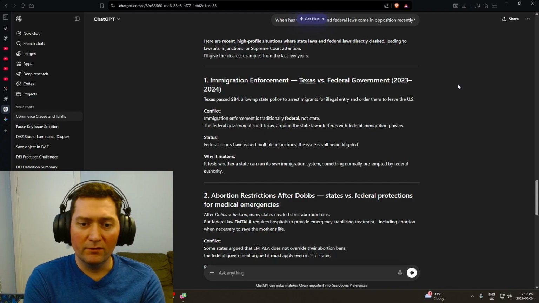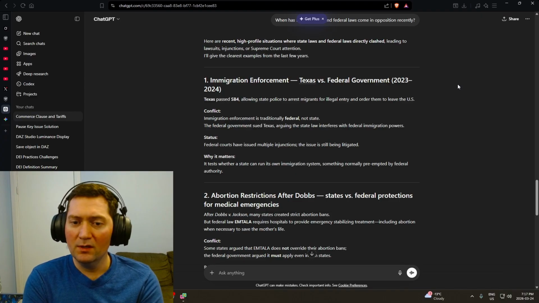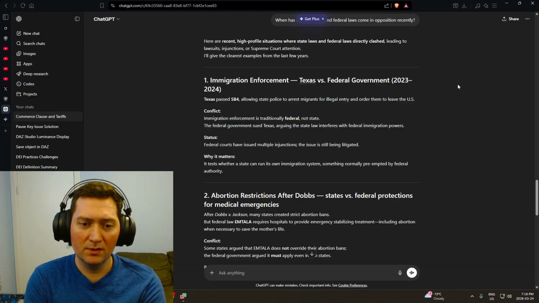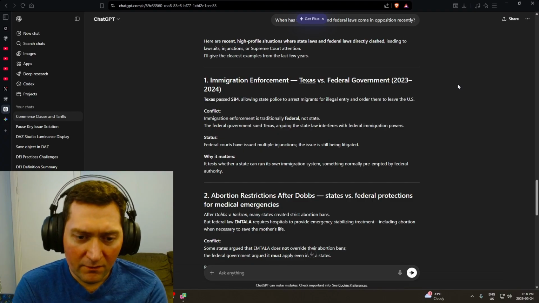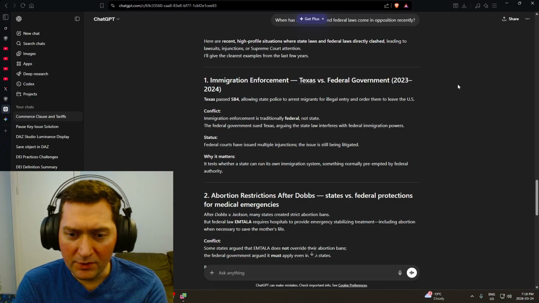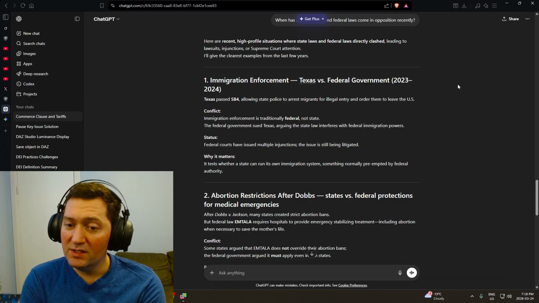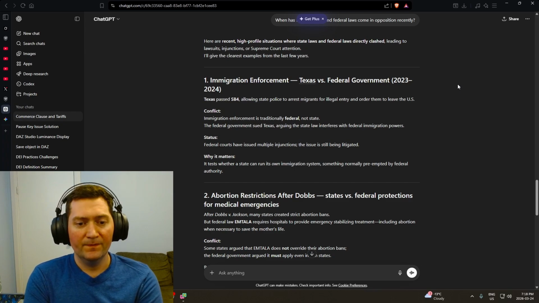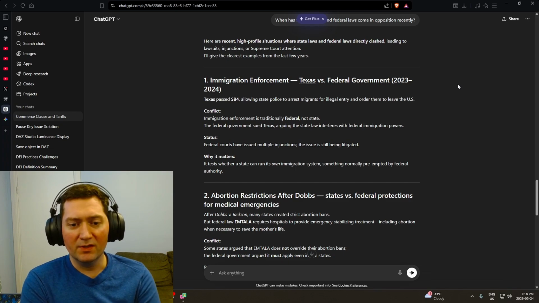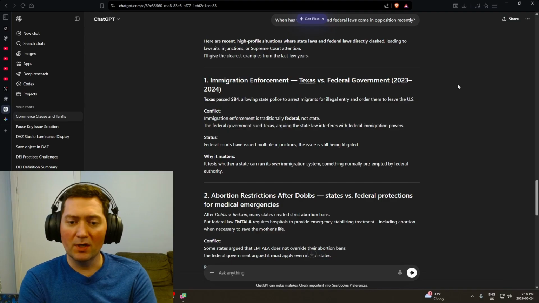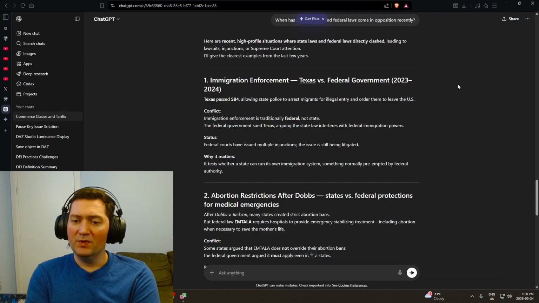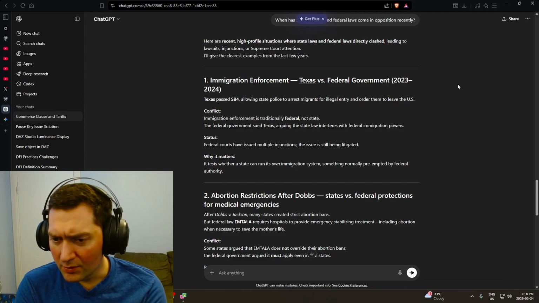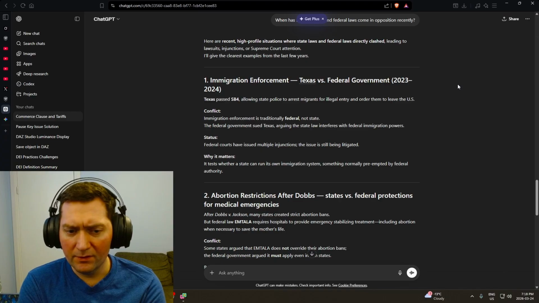The federal government sued Texas, arguing the state law interferes with federal immigration powers. Status: federal courts have issued multiple injunctions. The issue is still being litigated. Why this matters: it tests whether a state can run its own immigration system, something normally preempted by federal authority.